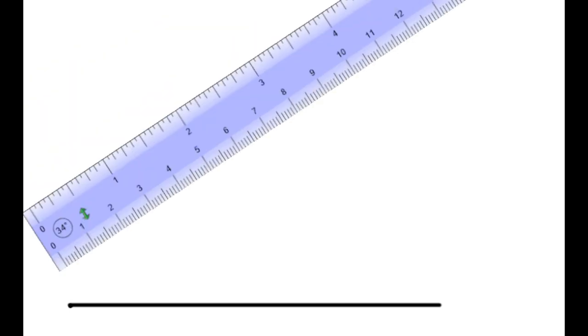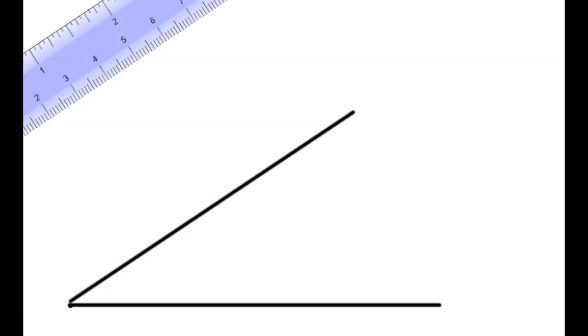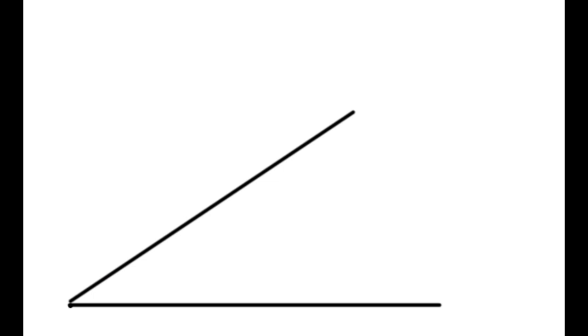We haven't been given any information about any of the angles inside this rhombus. So we're just going to make a decision that this is one of the angles inside the rhombus. If we had been given an angle that was supposed to be contained within the rhombus, we would have to copy that angle at this point.